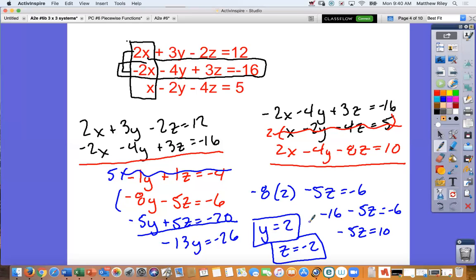Now, once you have 2 variables, the last step is to plug both of those into any one of these equations. It does not matter which one. I'll plug it into the top.